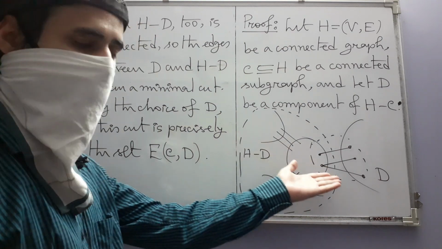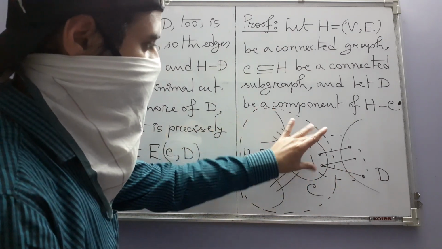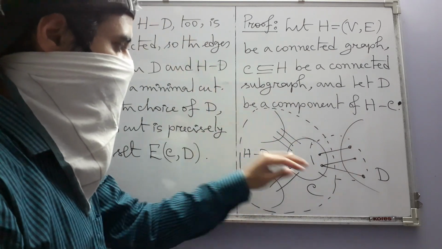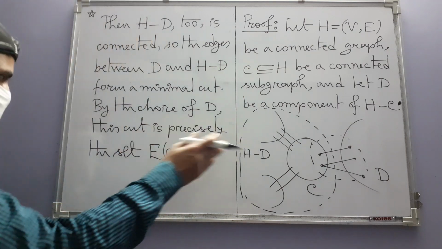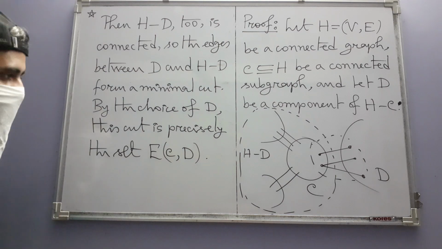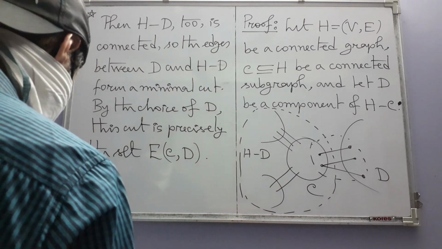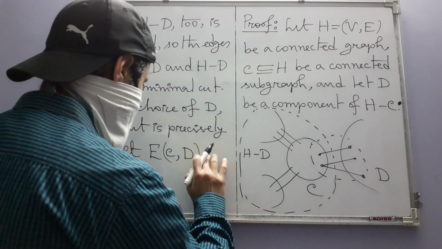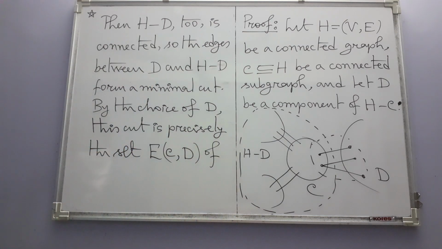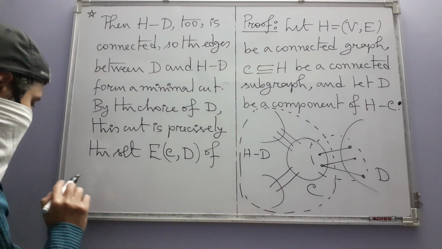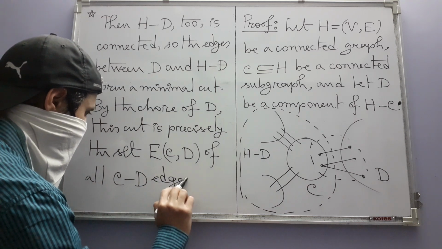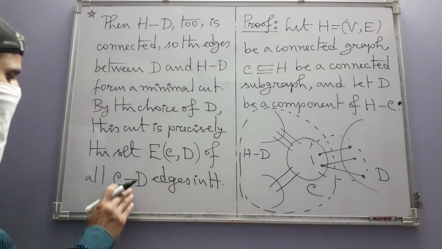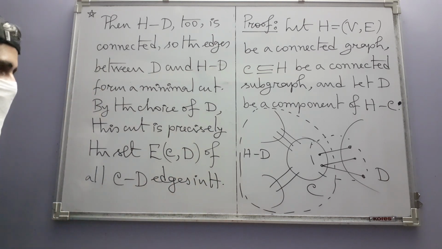That's because, just as we have seen now, these edges have nothing to do with the rest of H minus D. It only links C with D. That's why those edges will only form this cut, and this is a minimal cut of all CD edges in H. CD edges means those edges whose one end lies in C and the other end lies in D. Okay.